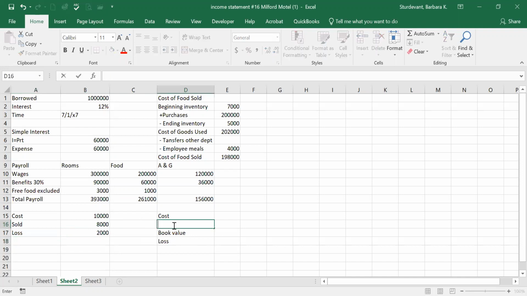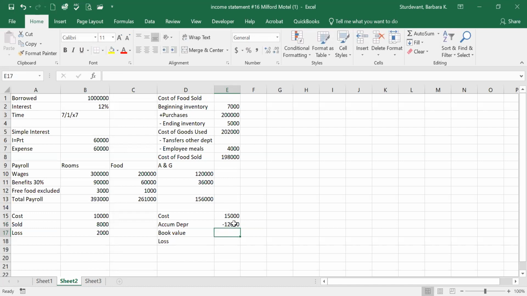So this one is a computer. It cost 15. Now this one, they don't give us the book value. We have to find it. So remember, book value is cost minus accumulated depreciation.